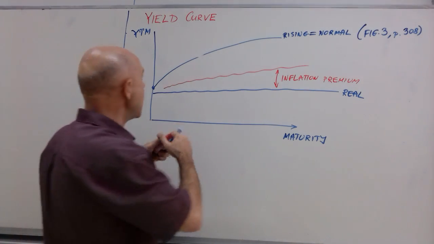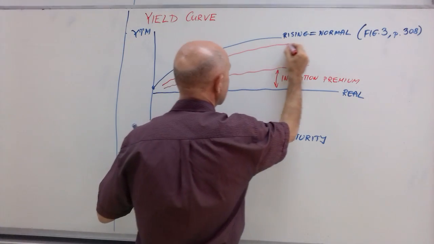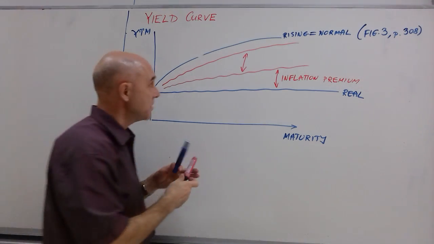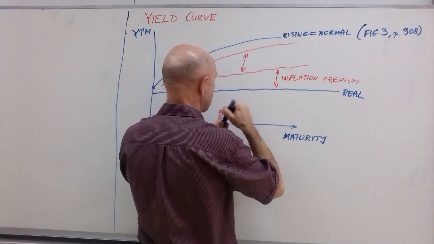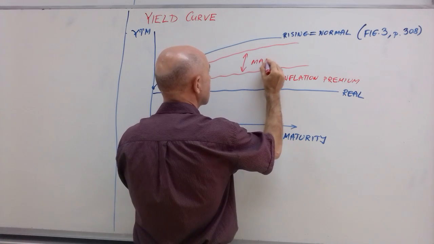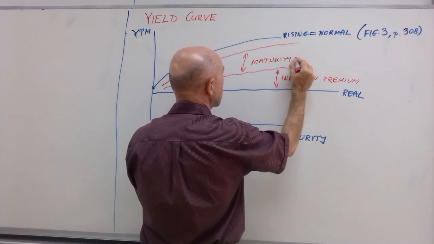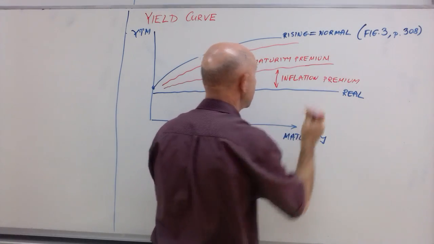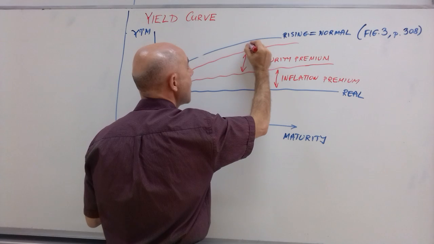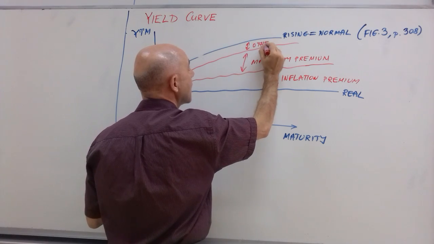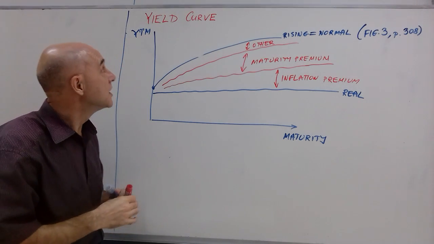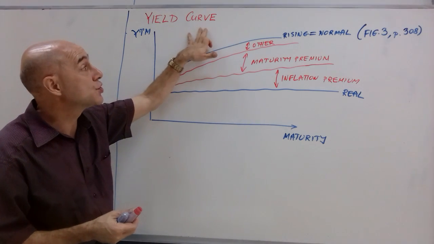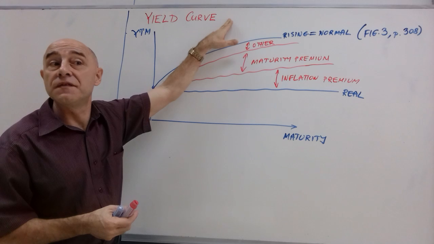And there may be an extra that will be maturity premium. Okay. And here there may be other premium. So, the yield curve, let's just notice, is usually for the same default risk.